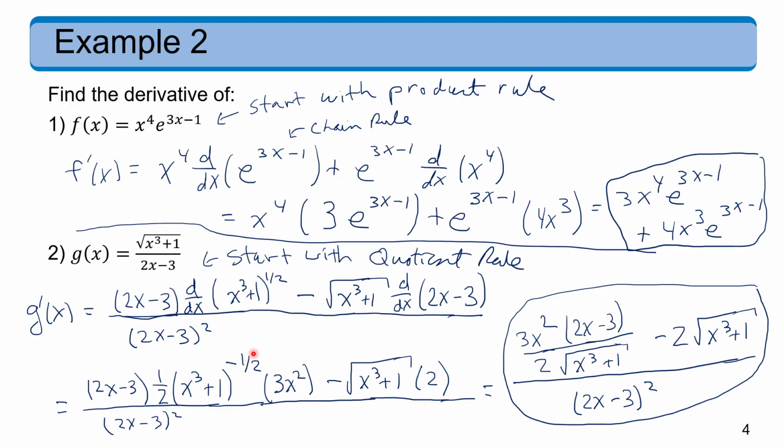Another thing is, at some point you can skip this step where you write d dx of something. So when you're using, like this one, we use the product rule. We did first times derivative of the second. So I wrote here the first, and then I wrote out derivative of the second. Once you get comfortable enough with these, you don't need to write derivative of the second.